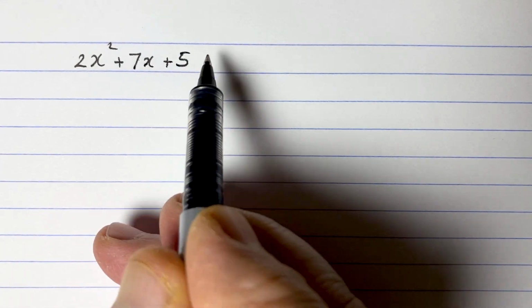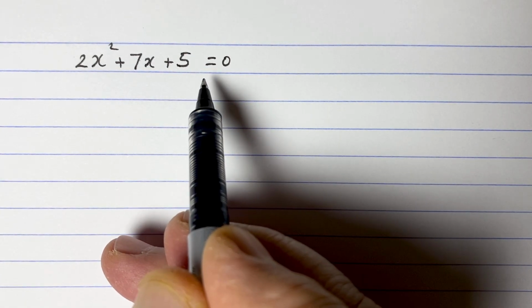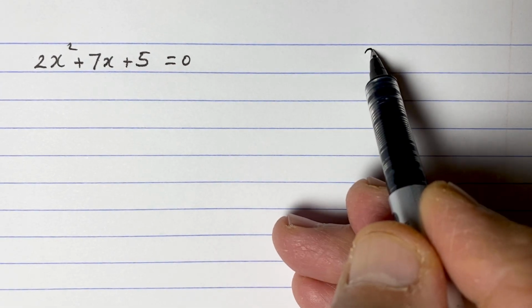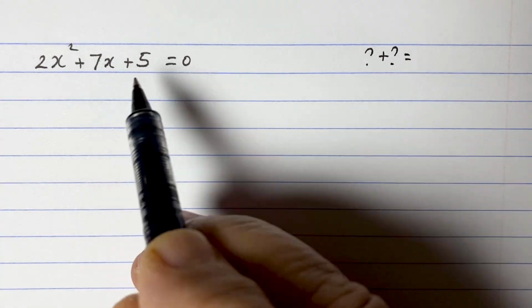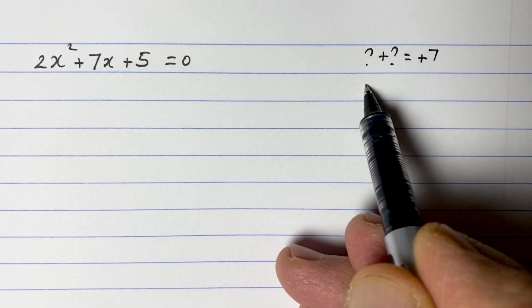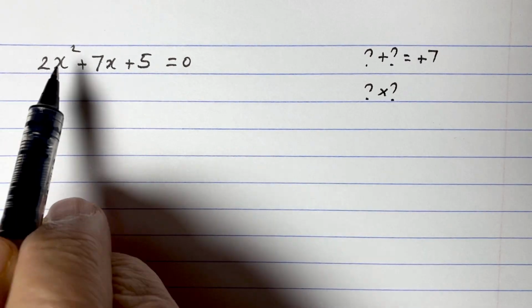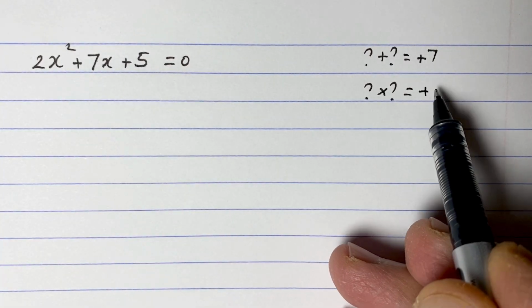More solving of quadratic equations. This time I use a harder type of quadratic equation to solve. 2x squared plus 7x plus 5 equals 0. If you remember, again from the lesson on factorization, we are looking for two numbers. When we add, it is plus 7, and when we multiply, it is 2 times 5, plus 2 times plus 5, which is plus 10.